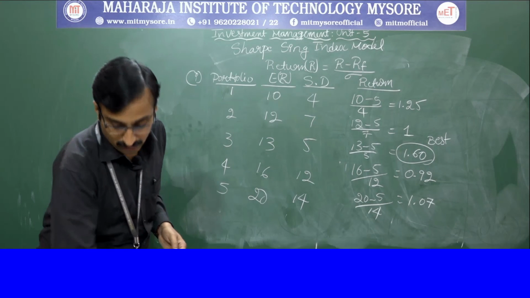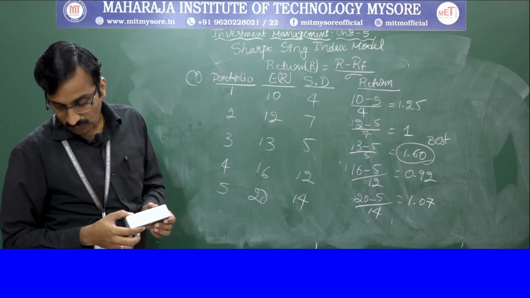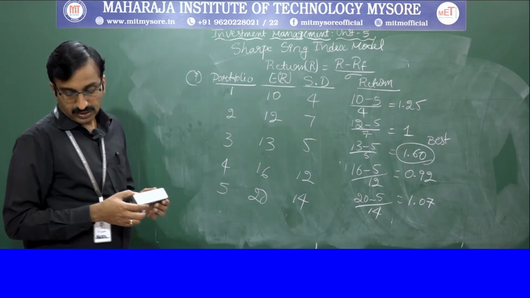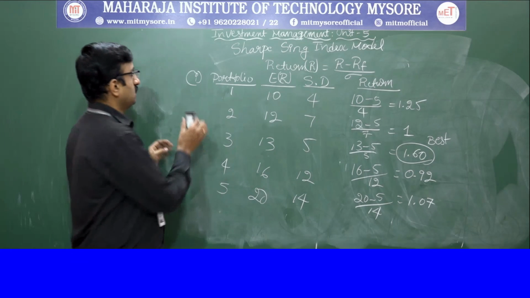Moving on to the second question: is it possible to earn a 12% return with a standard deviation of 4%?